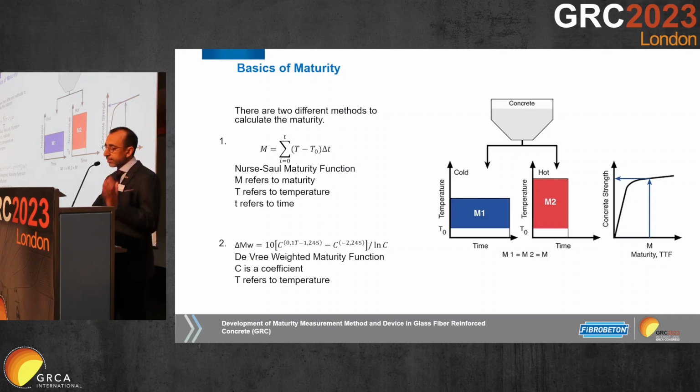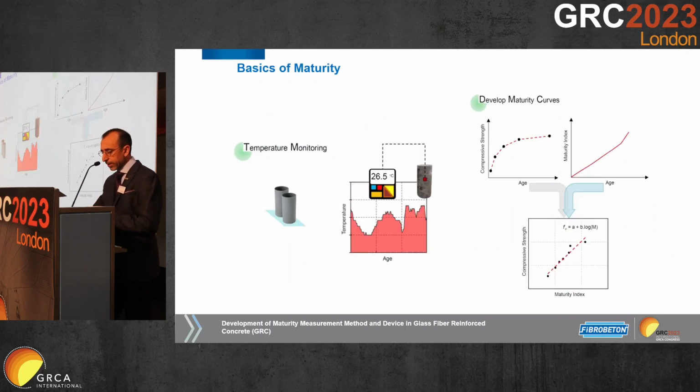In the second, the de Vries function, we have a C factor, which corresponds to a coefficient related to cement. It should be determined by calibration studies, and I will mention the calibration process in detail in the coming slide. And this big T refers again to temperature. But we still don't see the F, the fiber composition, which we also need to add into the equation.